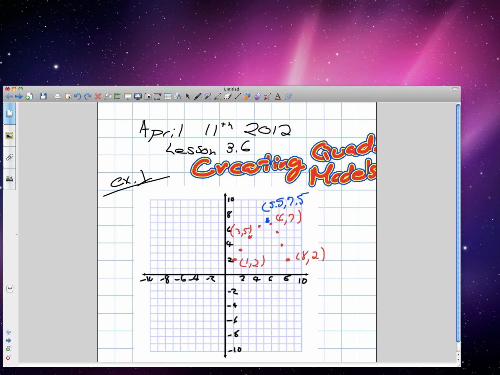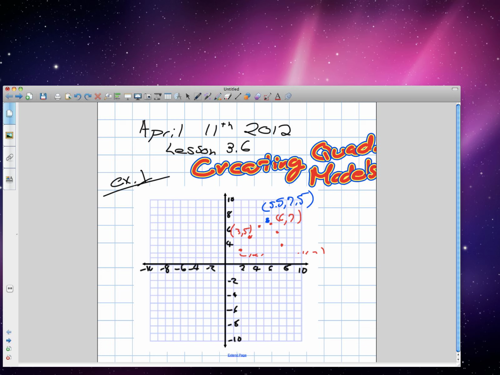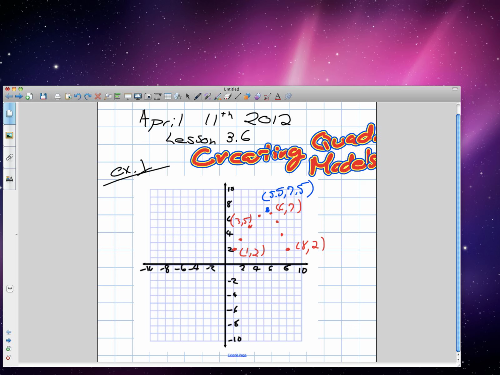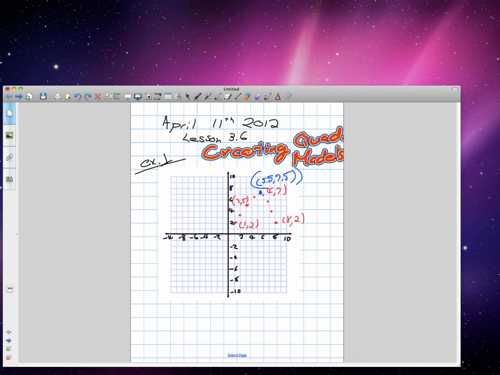We need to create a quadratic model from this. Okay? So because we're looking for something that has the vertex, this is the information we have, we're going to use vertex form. Now we went over standard and factored. We're going to use our vertex form to solve this. So we have y is equal to a(x minus h) squared plus k.